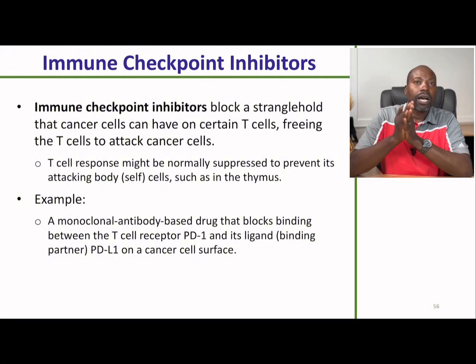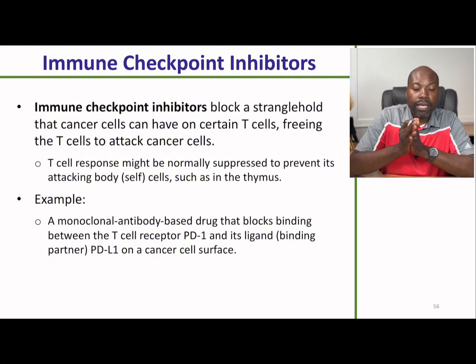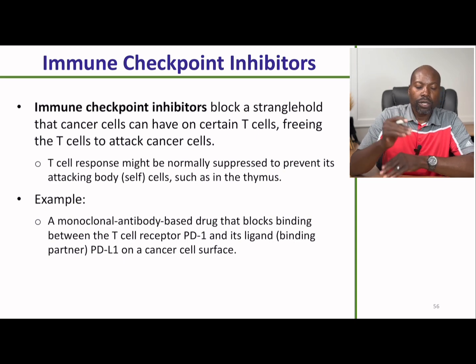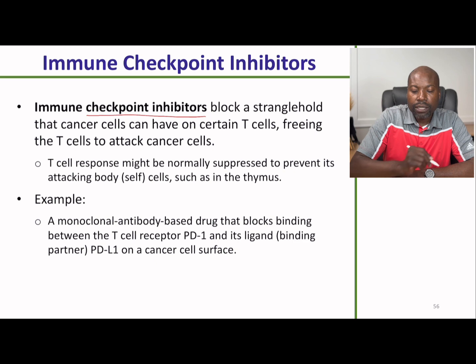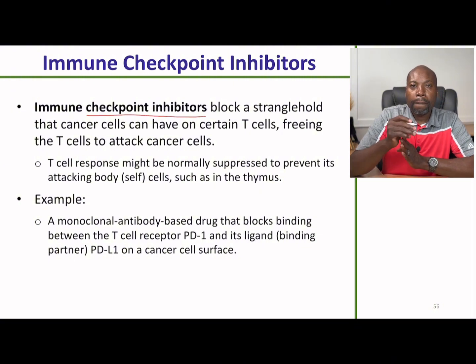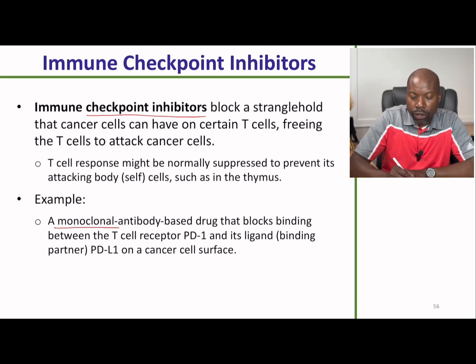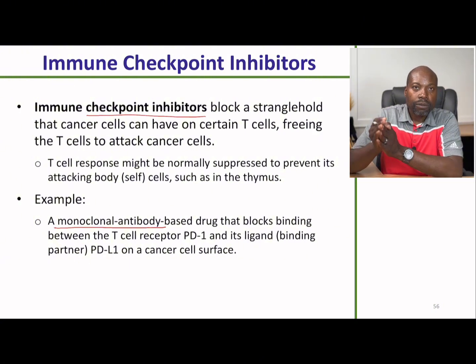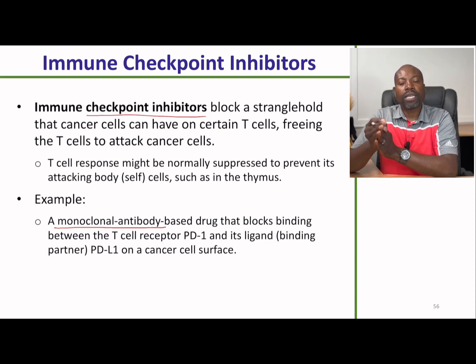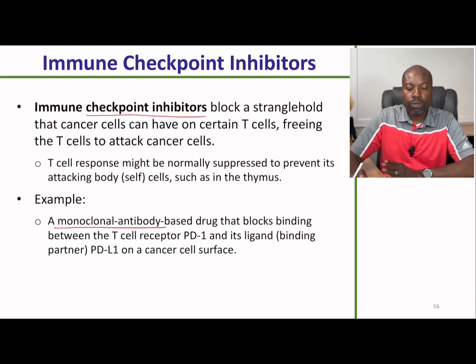So checkpoint inhibitors are other ways to treat cancers. The immune checkpoint inhibitors can be, for instance, in the case of a monoclonal antibody that is actually preventing, right, the cell from undergoing cancer. How do they do that?